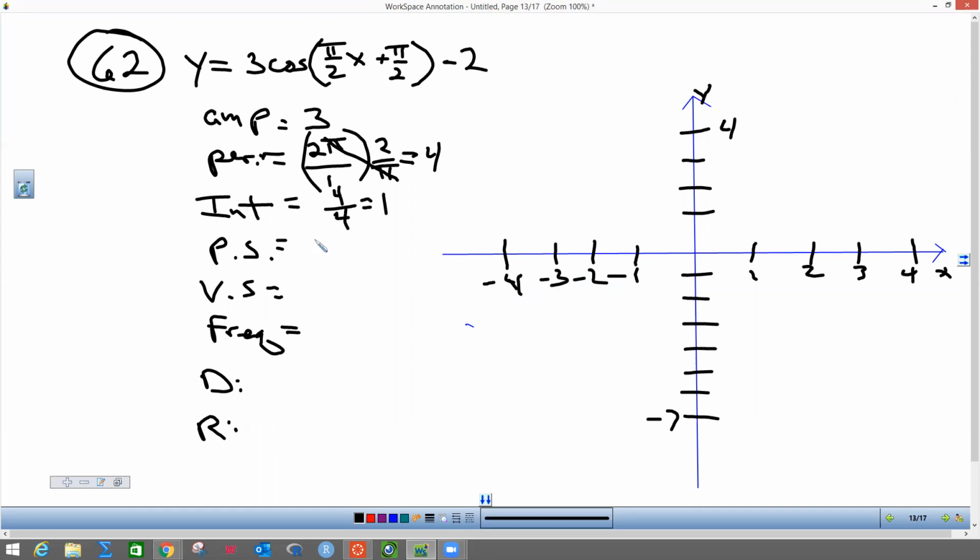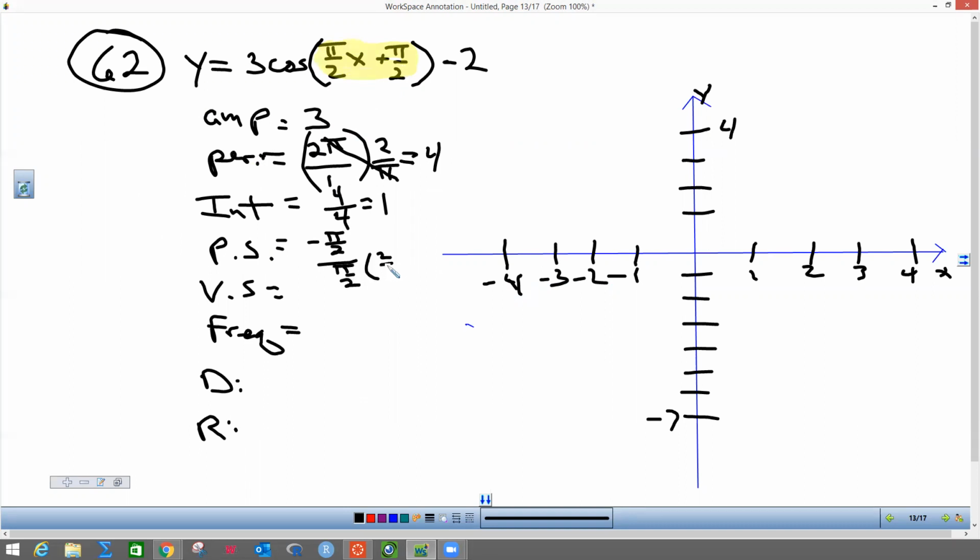Phase shift. Now you got 2 options. You can take this thing in parentheses and set it equal to 0 and solve for x. But I think it's easier just to change whatever this number is out here to a negative, which is negative pi over 2. And then you're going to divide it by b, which is that positive pi over 2.